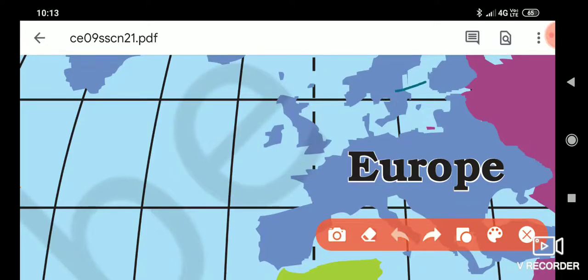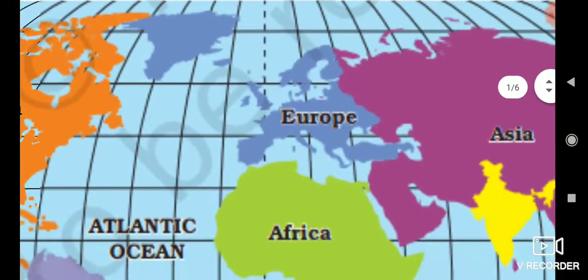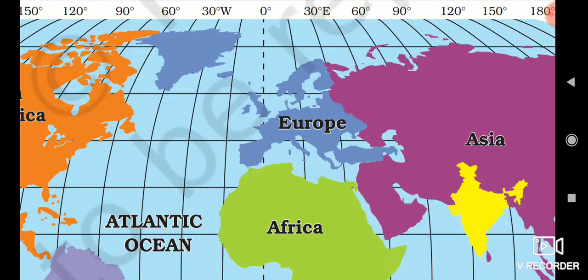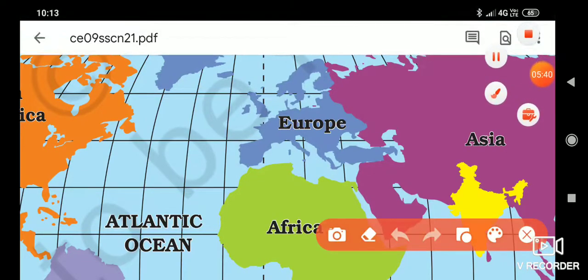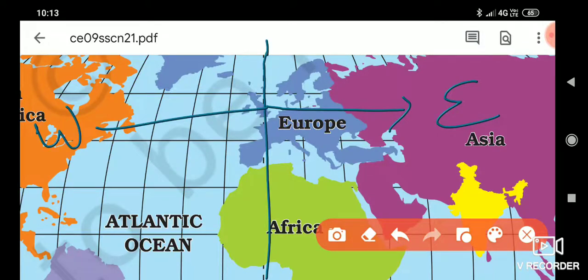Now I hope all of you are familiar with the directions. Let me show you the directions, because direction will tell us about India's location on the world map. As I told you, this is the prime meridian, and if we go to the 0 degree here, this is east, this is west, this is north, the upper, and this is south. There are eight directions, so let's form all the directions.